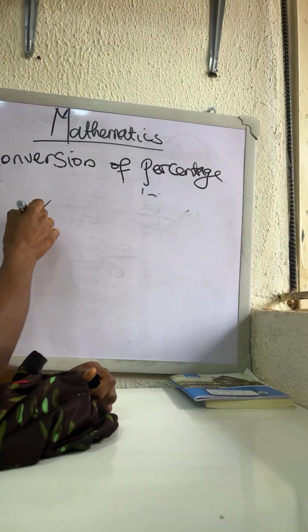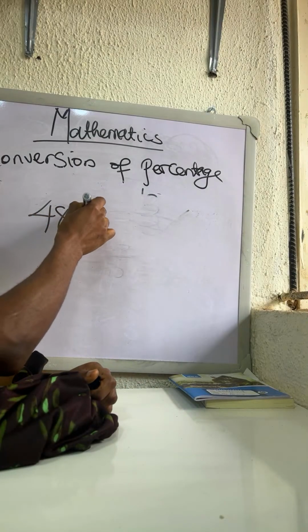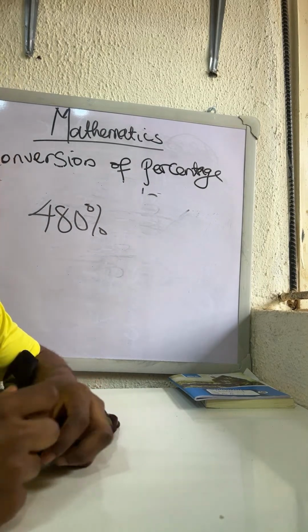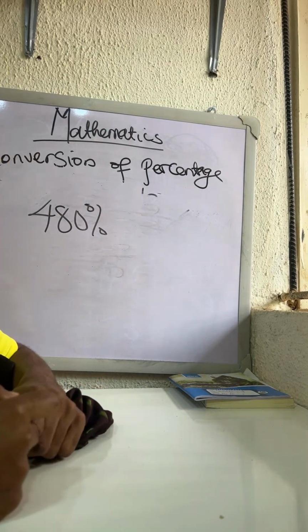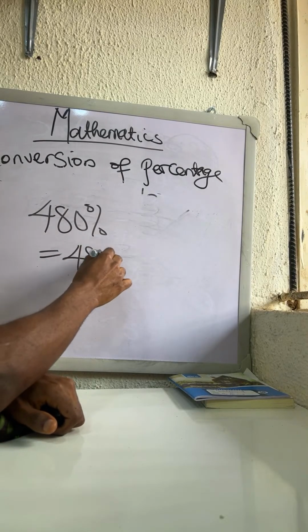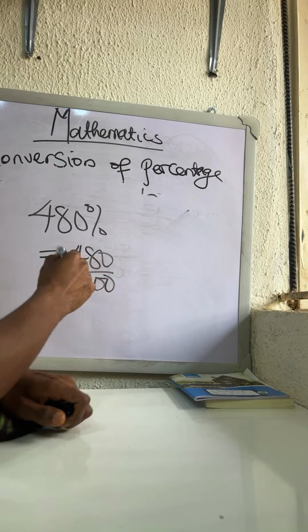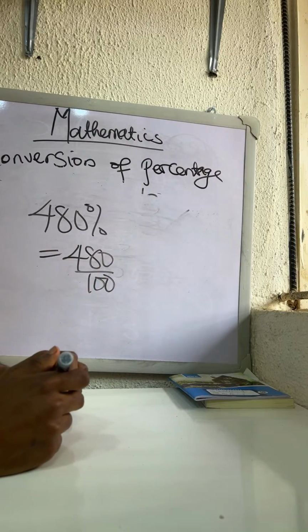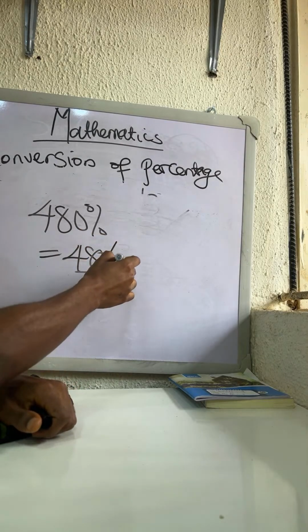Let's look at the next one, 480%. So if you have 480%, it's basically what? 480 over 100, right? So what can divide? You cancel out the zeros.